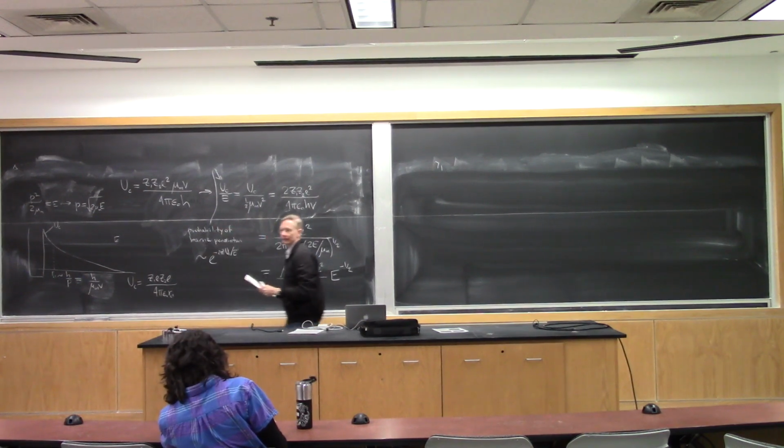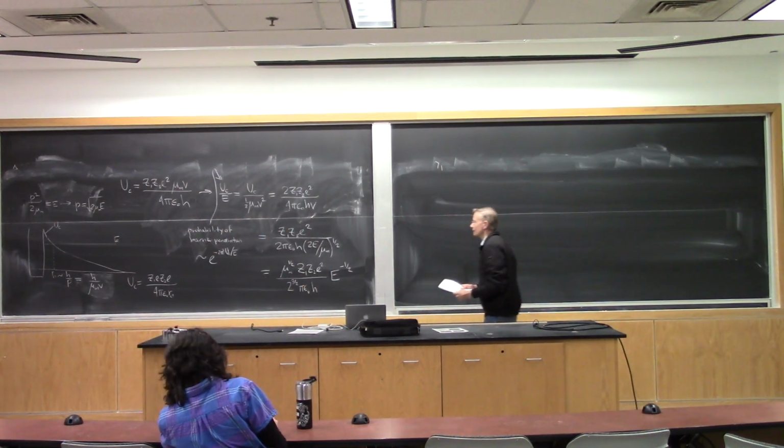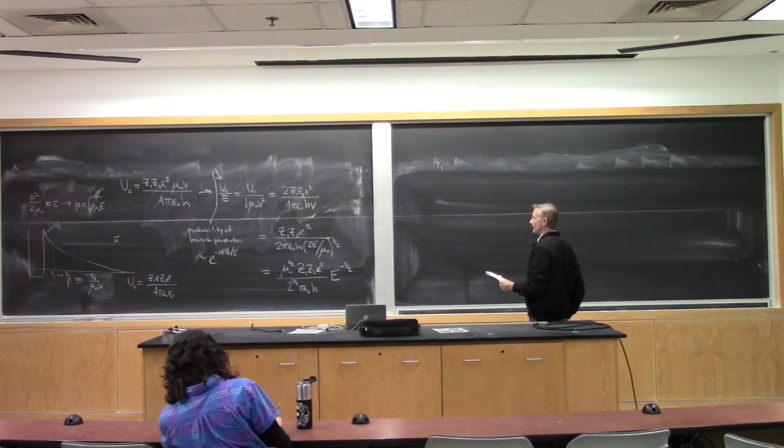So that's why we care about that ratio of uc over e, because e to the minus 2 pi squared times that is the probability of barrier penetration.